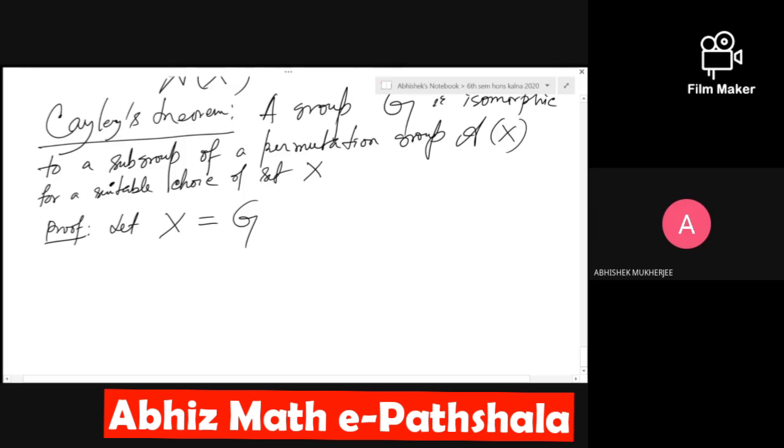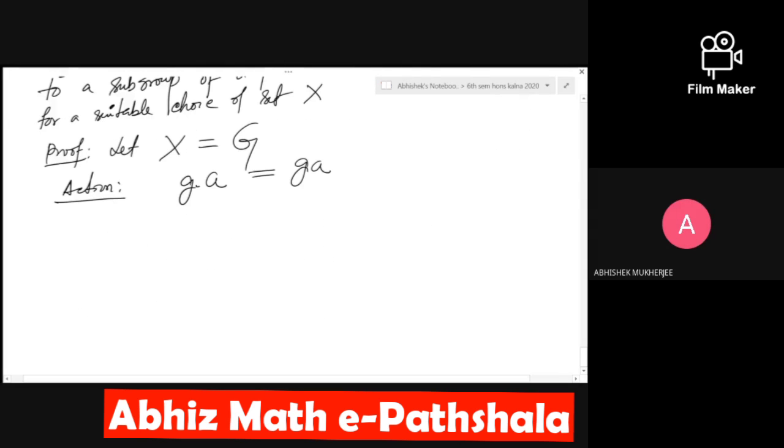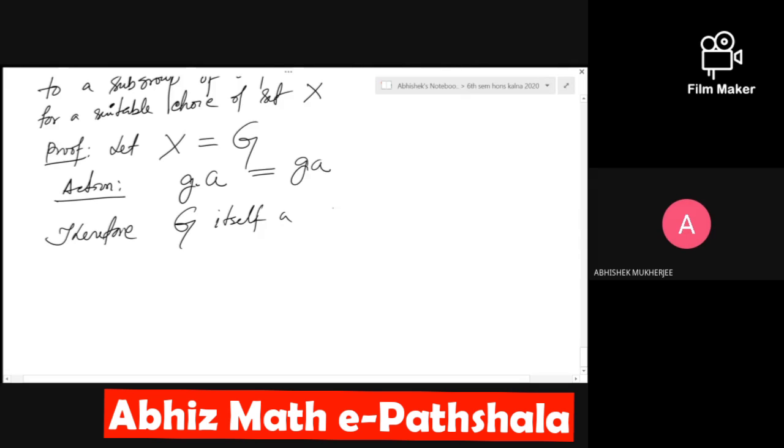Since we have chosen X equal to G, the map will be the binary operation itself which the G has. That is, here the action is G dot a is G a. That is, dot is the binary operation which the group G has. So this is your action. So therefore G itself is a G set.